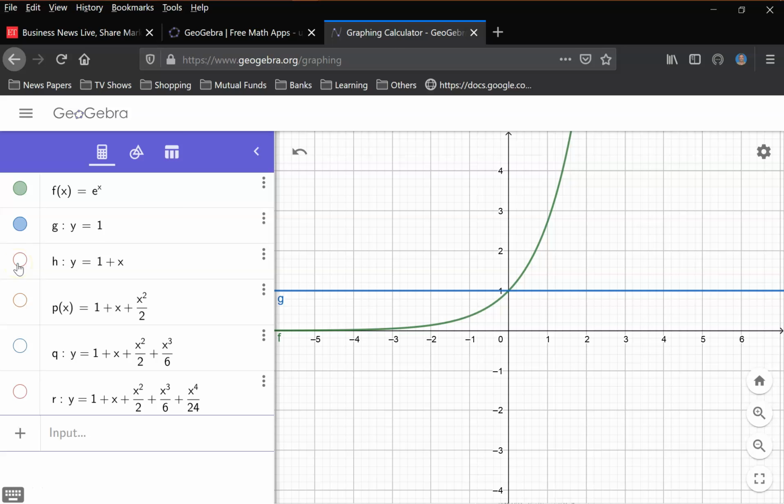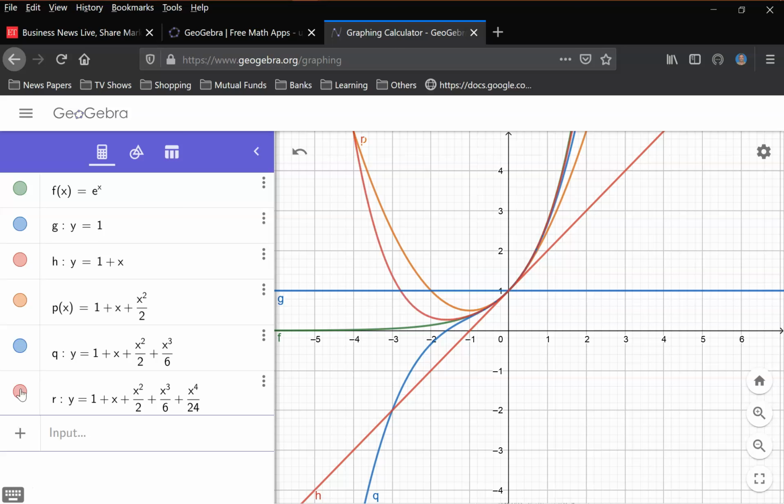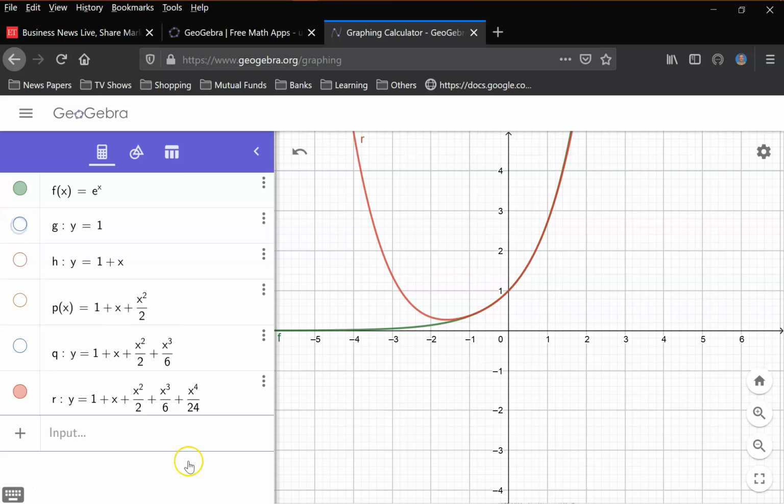Now I am taking the first two terms, 1 plus x. Now I am using three terms, 1 plus x square by 2. Now I am using 1 plus x square by 2 plus x cube by 6. Now I am taking the first 5 terms. So let me remove the initial 4. You see, it's becoming closer and closer to the e to the power of x curve. That is the green curve.